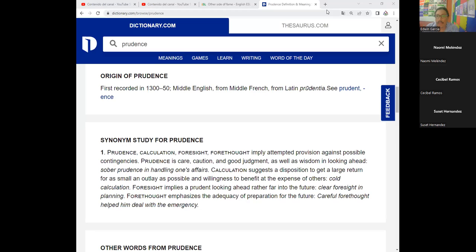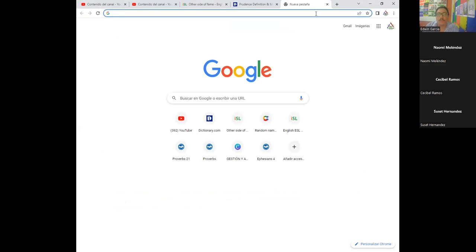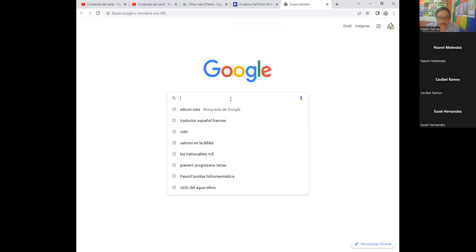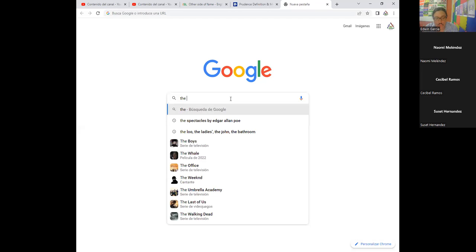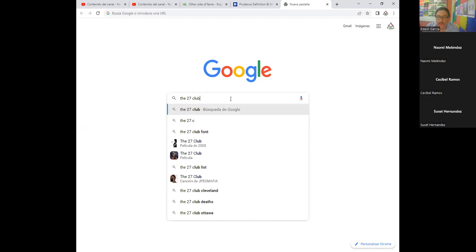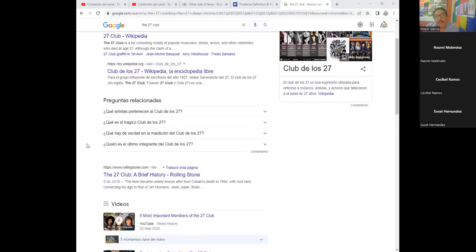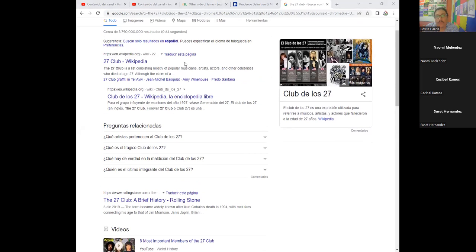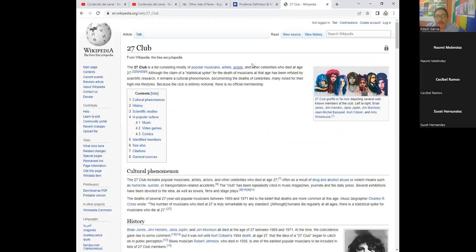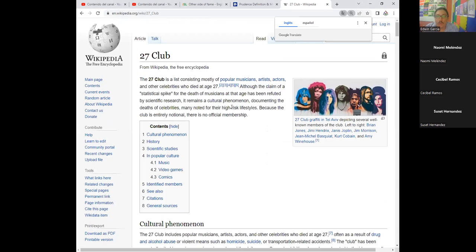but there is something if we take a look. For example, we can find something about the 27 Club. I don't know if you have heard about the 27 Club at some time or somewhere. But here we have, for example, let's take a look at Wikipedia. We can find that the 27 Club is a list of mostly popular musicians, artists, and actors, celebrities who died at the age of 27.